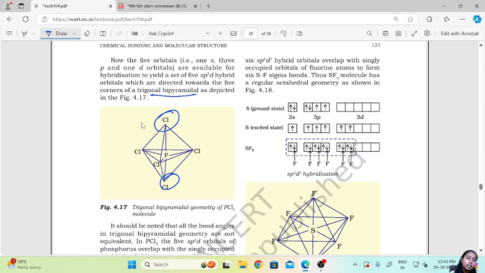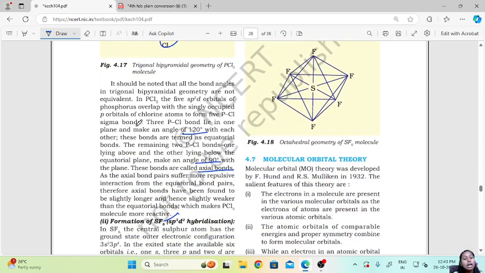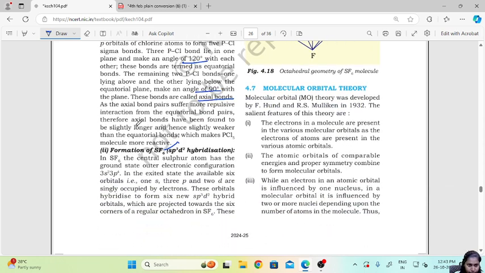Hence, the axial bonds are a little farther from the phosphorus atom, forming a weaker bond. Since they are weaker in nature, it is easy to break that bond and replace that chlorine atom with something else. Because of that, the PCl5 molecule is considered to be more reactive.